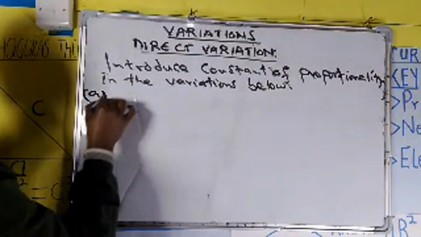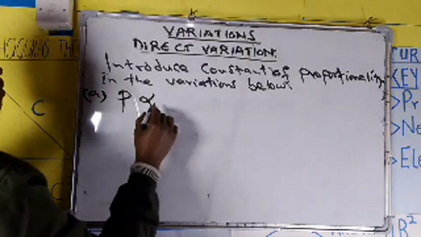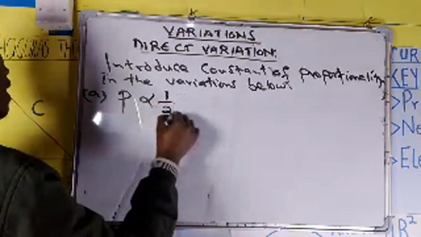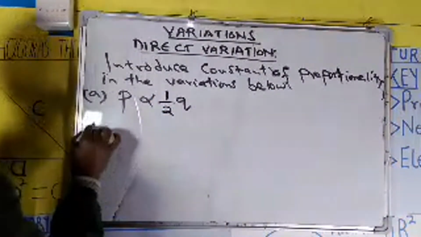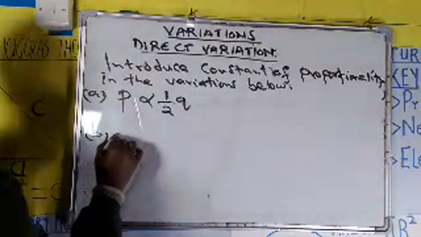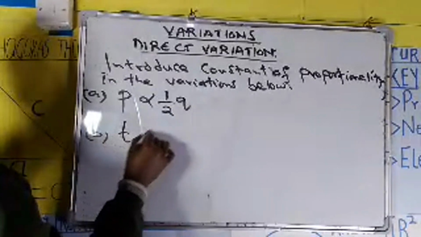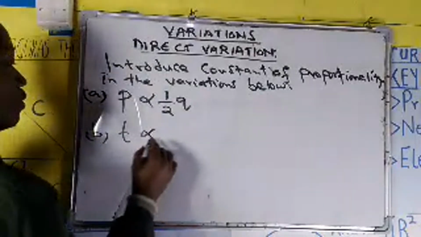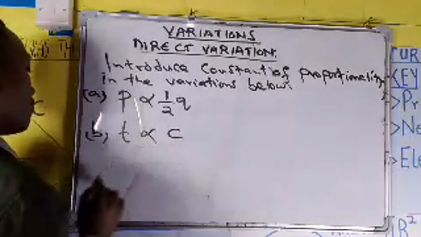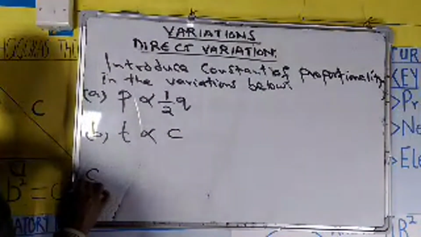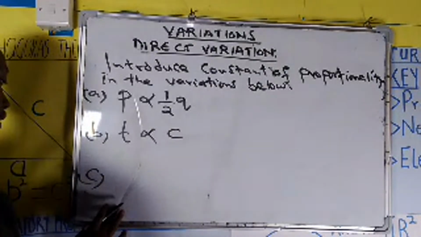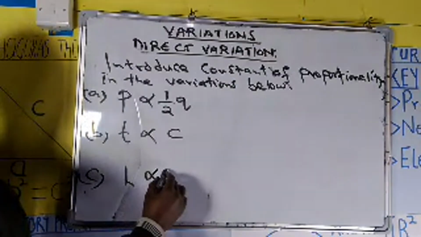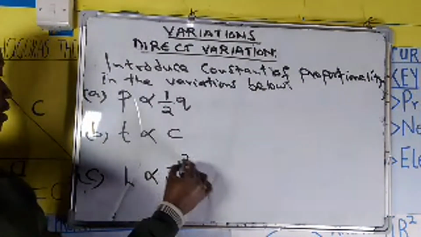A, P is directly proportional to a half Q. B, T is directly proportional to C. And C, L is directly proportional to 3T squared.